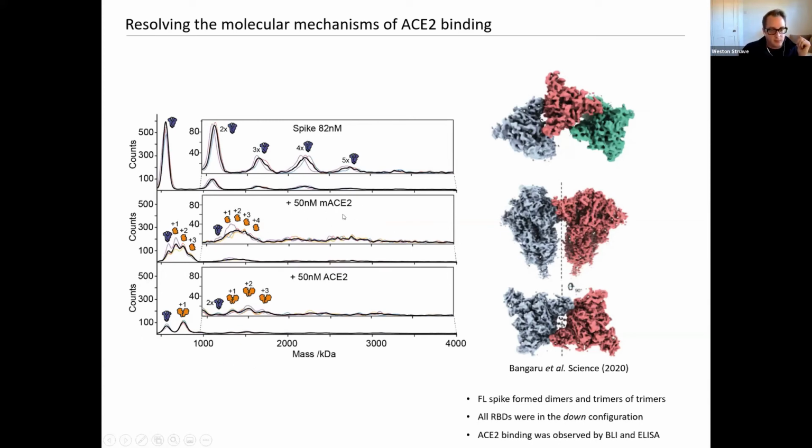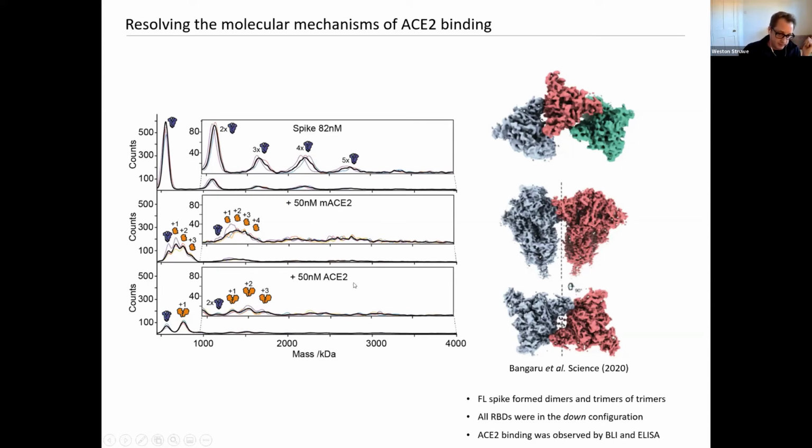So what we did next is we looked at monomeric ACE2, and we could see that we had up to 3 equivalents bound, suggesting that we could see 3 RBDs in that position, a number of binding to the dimer of trimer, but we weren't really able to resolve anything beyond that. It's because these peaks become quite broad once they start binding different numbers of monomeric ACE2.